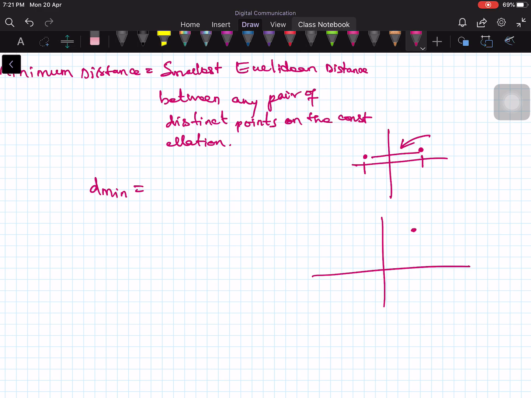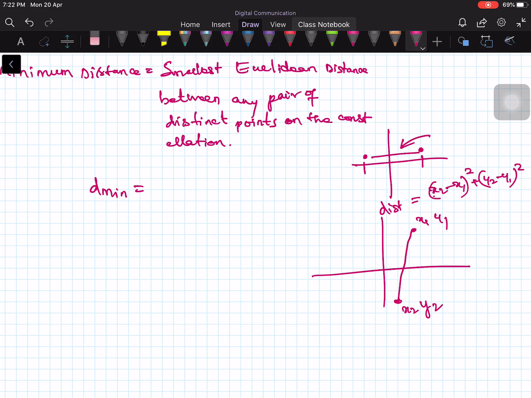Let's say one point is here and another point is somewhere here. So how do you take the distance? Let's say this is x1 y1 and this is x2 y2. So distance is the square root of (x2 minus x1) whole square plus (y2 minus y1) whole square. This we know, simple formula.